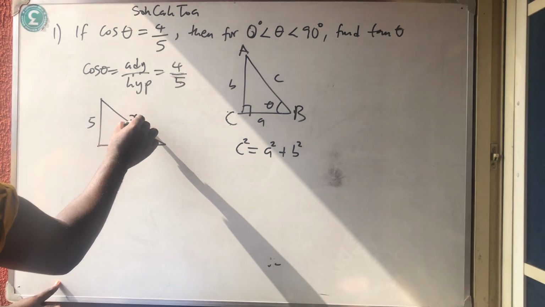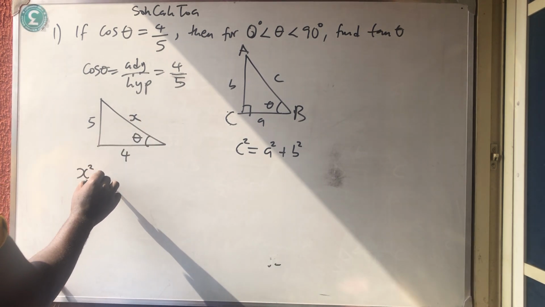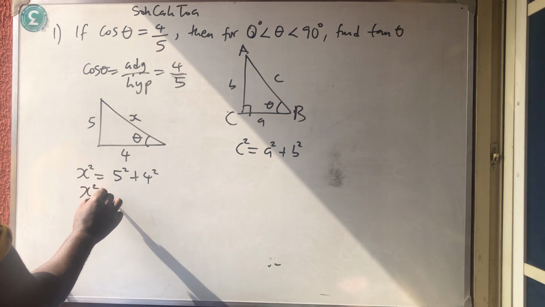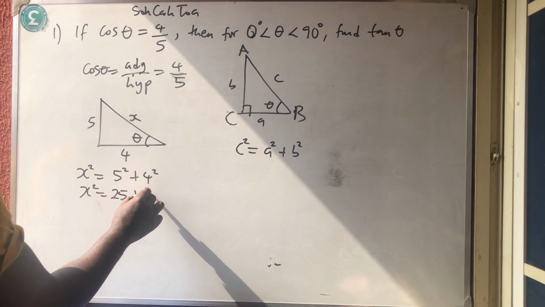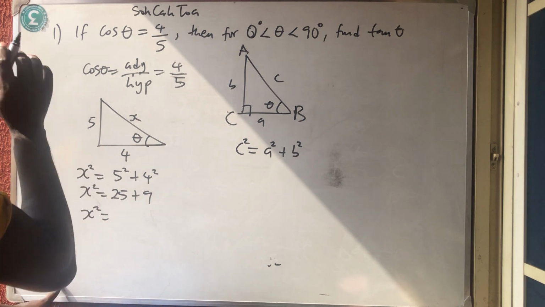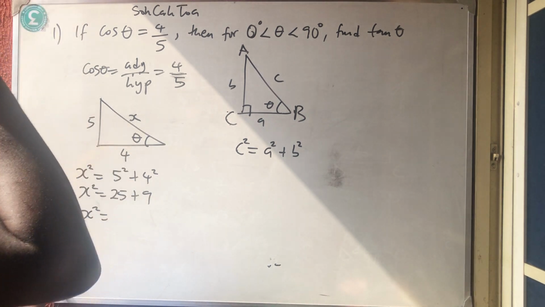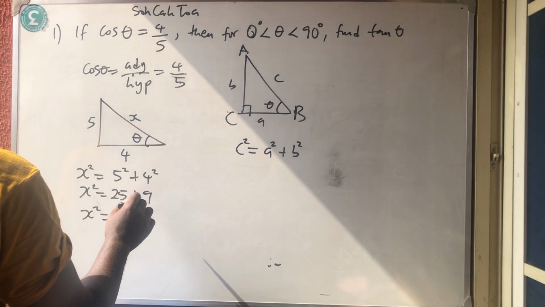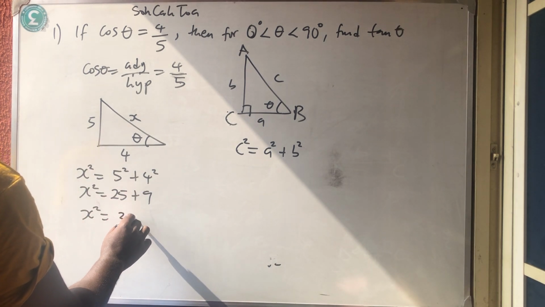So let me say that here is x. I'll say x squared is equal to 5 squared plus 4 squared. So x squared is equal to 25 plus 9, 34, right?